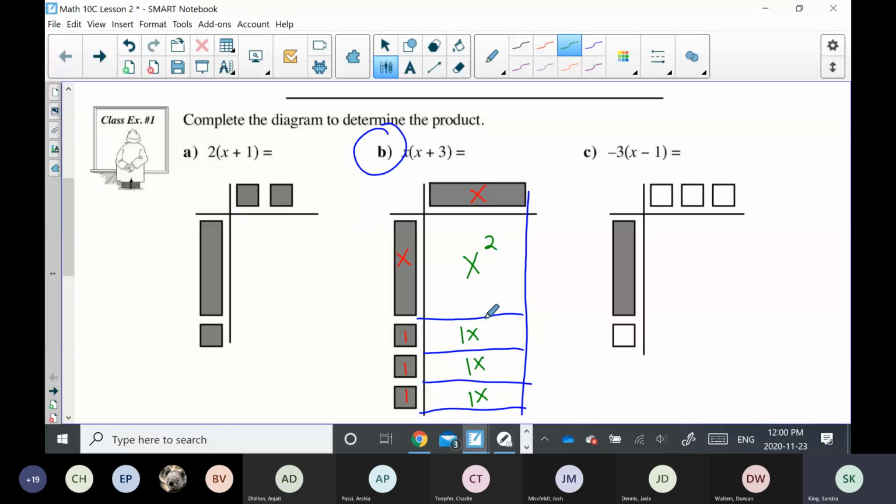So each of these are 1X tiles. So the area, which is what I have inside here, is going to be 1 X squared tile plus 1, 2, 3 X tiles. And that would be the area of this diagram.